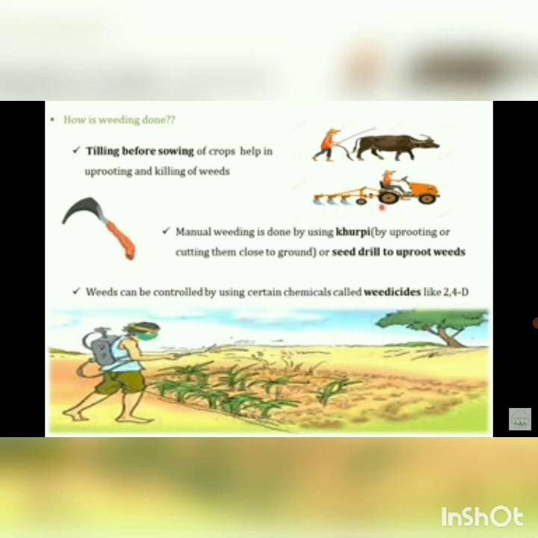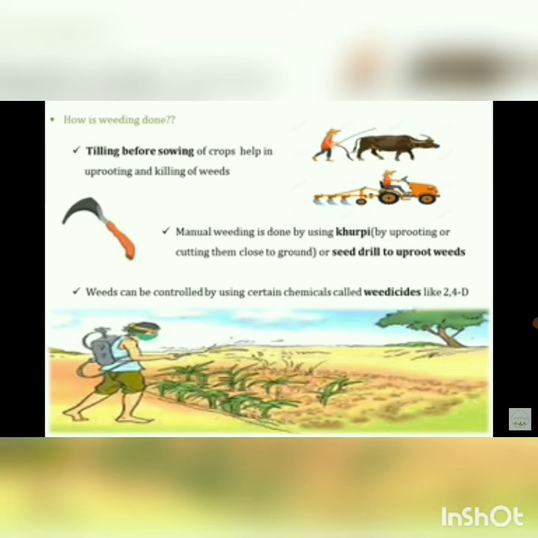We can also use a seed drill. I hope you remember the machine connected to the tractor, which has a frame of teeth. Weeds can also be controlled by using certain chemicals called weedicides, which are sprayed in the field with the help of a sprayer.